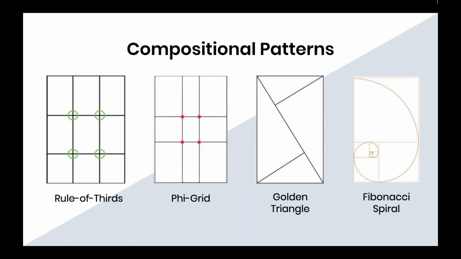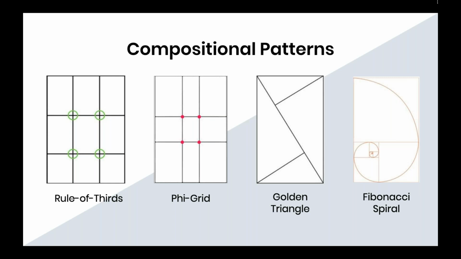And this is where the frame is divided into 9 equal parts, and where the lines meet is where we place a focal point. So we want to have one part of that image that draws the eye, and we call that a focal point.